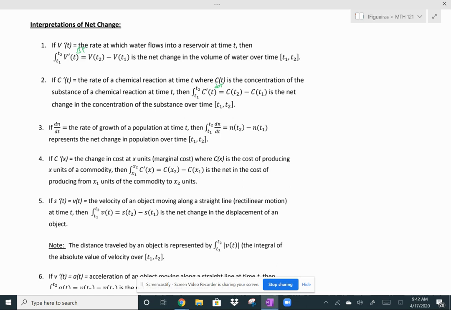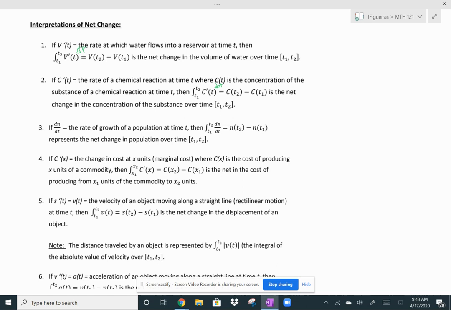That represents the net change in the concentration of the substance. As there's some sort of chemical reaction, the substance is either getting more concentrated or less concentrated. There's some sort of change in concentration, and so the integral represents that net change in concentration over a time interval.